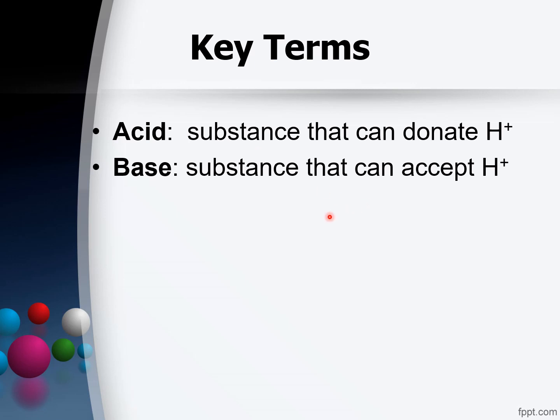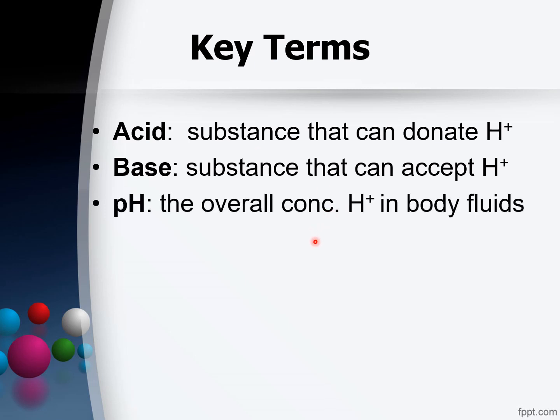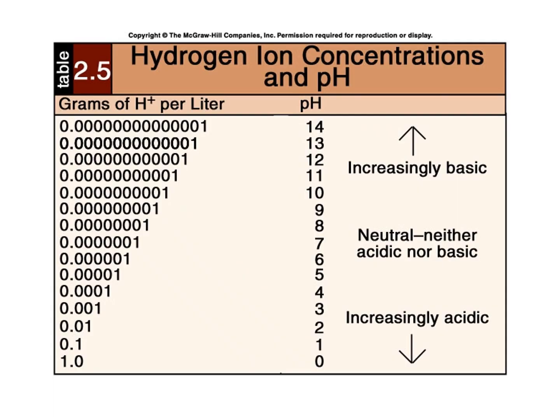HCO3. So the pH is used as a measure of the acidity of a solution, or it is also used to express the concentration of hydrogen ions in a solution. This diagram shows the relationship between hydrogen ion concentrations of a solution and its pH. pH is defined as the negative logarithm of the hydrogen ion concentration.